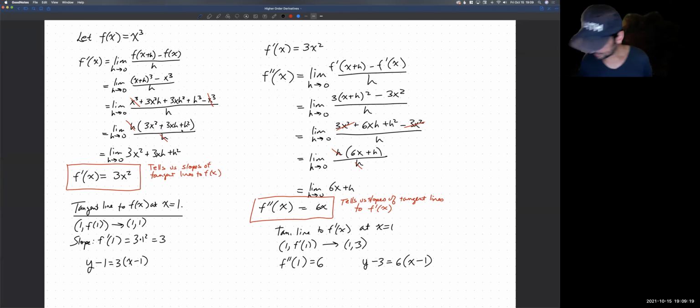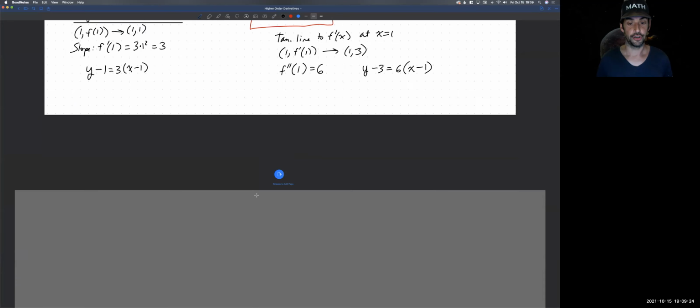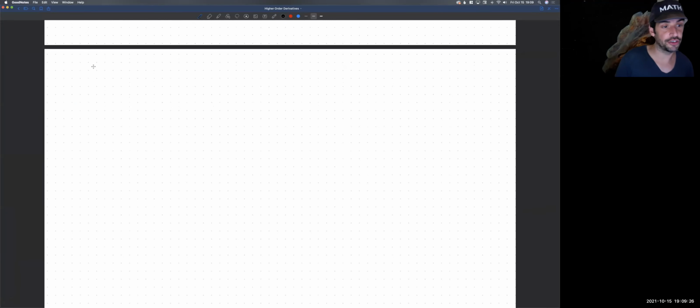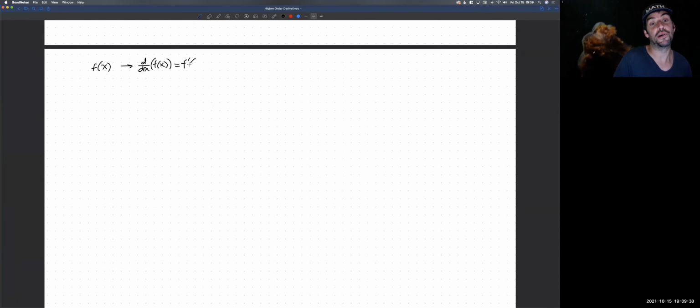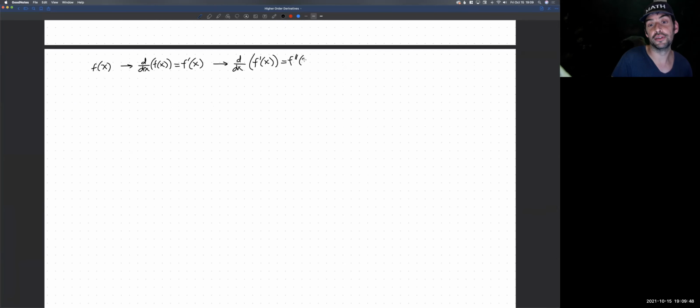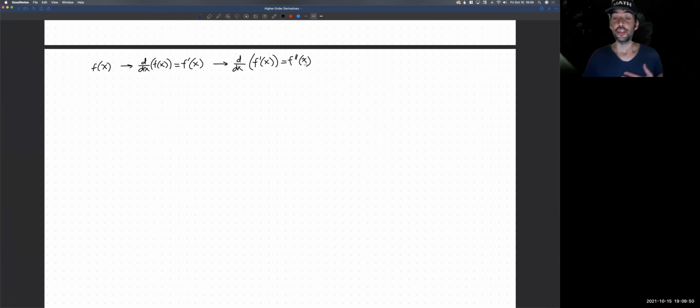Okay, let's mention some notation, right? So we've already seen that if we start with a function f of x, we can take the derivative. Remember this notation, d dx of f of x will give us f prime of x. Then we could take the derivative of f prime of x and get f double prime of x. You could continue this. We could do f triple prime.